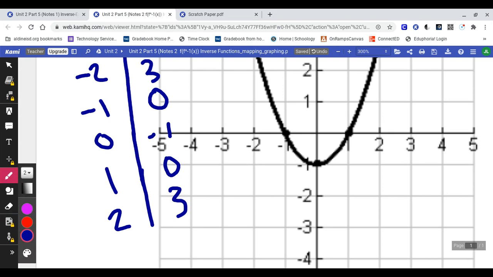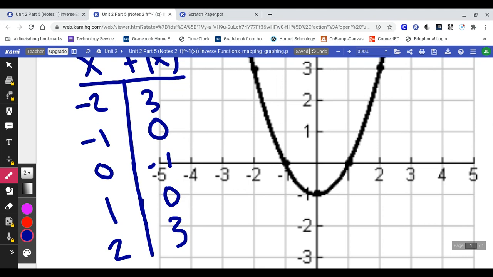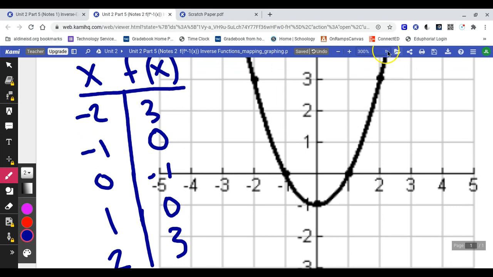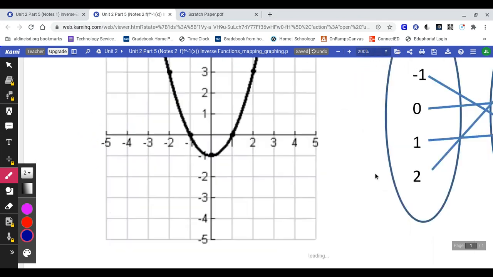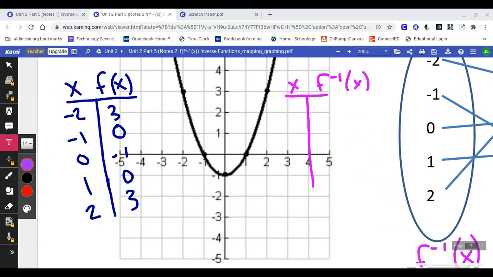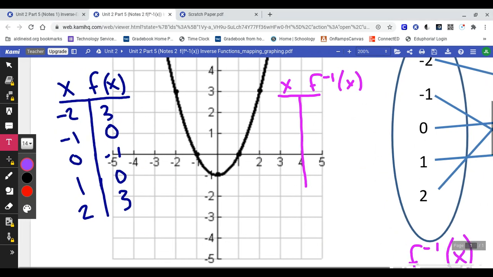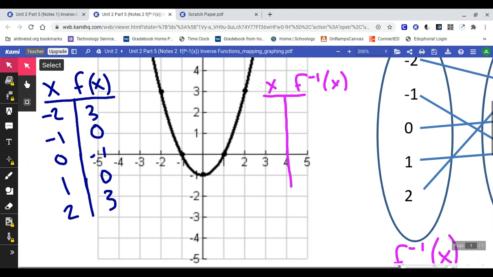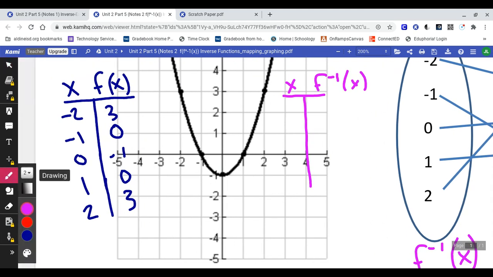To get the inverse, I'm going to take the function and I'm going to reverse the x and y column. So anything that was previously in the x column will now be in the y column. So my new y's will be -2, -1, 0, 1, and 2.